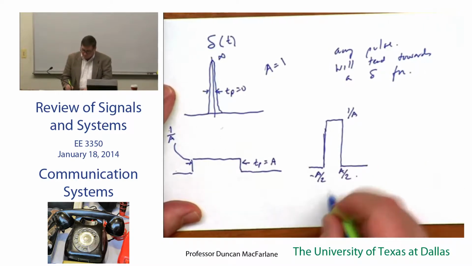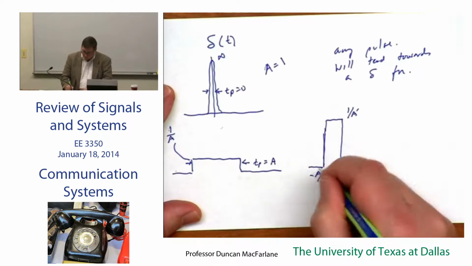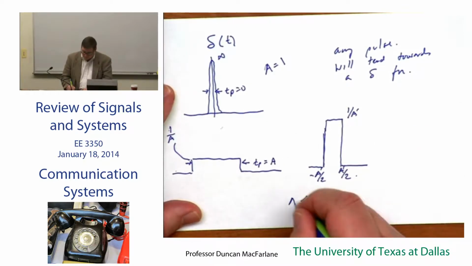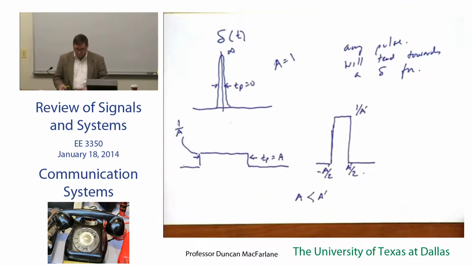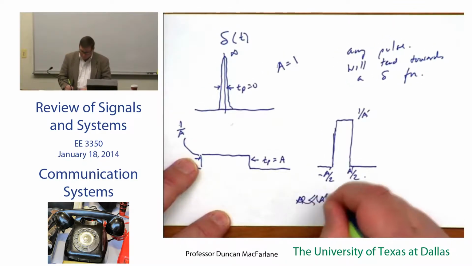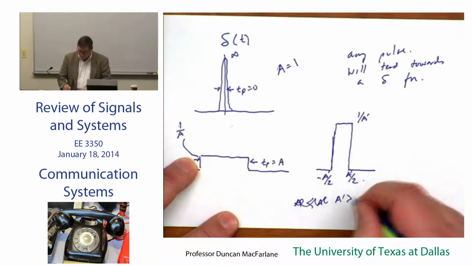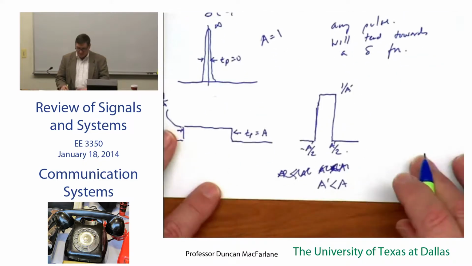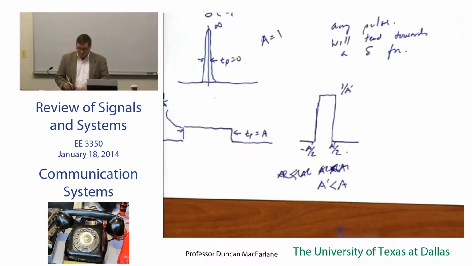And that's for, let's see, I'll make this A prime. That's for A prime greater than A, right? Nope, other way around. That's for A prime less than A. Okay, so the pulse gets smaller.